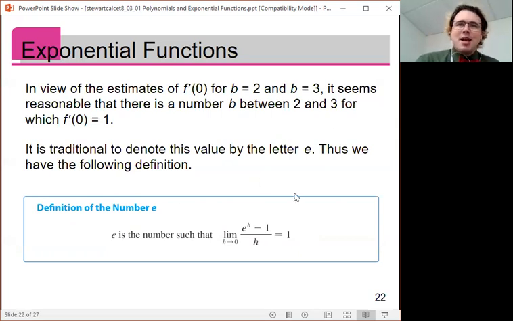Now, your textbook works through this slightly differently, with e being the solution of a different limit problem, and then shows that that solution is also the solution to this problem.